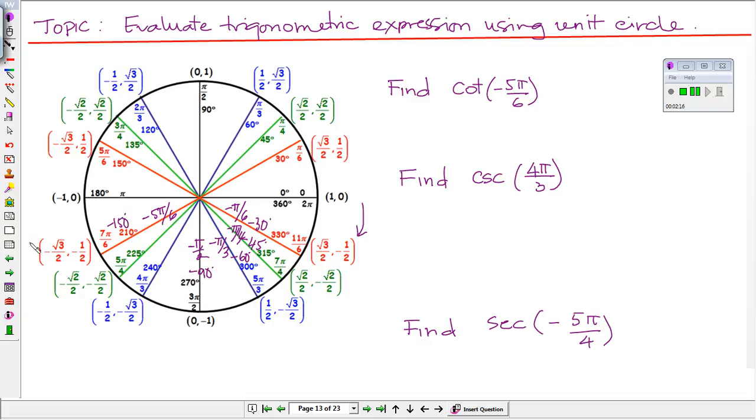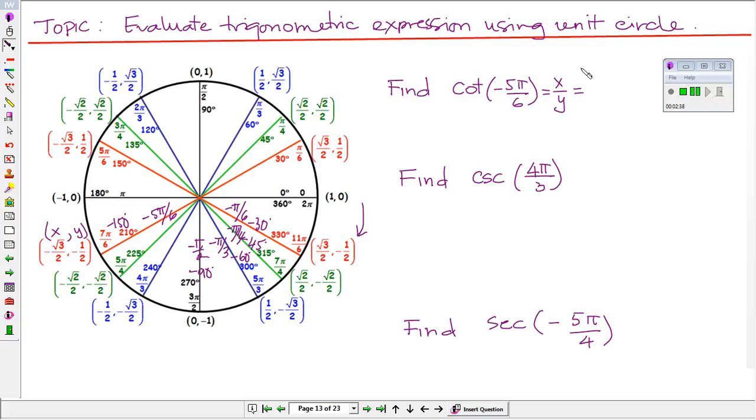Okay. So now we know the point where the terminal side of the angle intersects the circle. This is the point. The first value is the x and the second value is the y. Now we're going to substitute using the point. Cotangent is x over y.